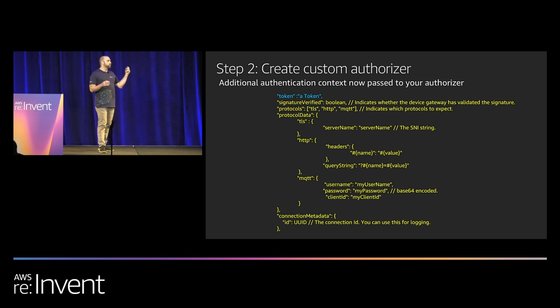And in the case that you're using an MQTT-based connection, so this is MQTT over TLS or MQTT over WebSockets, you'll also get additional context from the MQTT connect message. So you'll be getting the username field, the password field, as well as the client ID. And you can use any and all of this to make your authorization and authentication decisions. And as previously with custom authorizers, your Lambda just needs to return a valid IoT policy document.